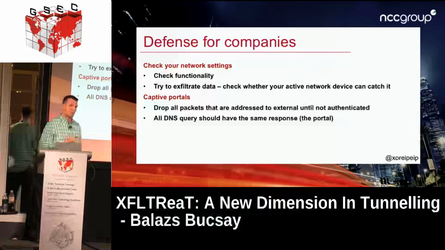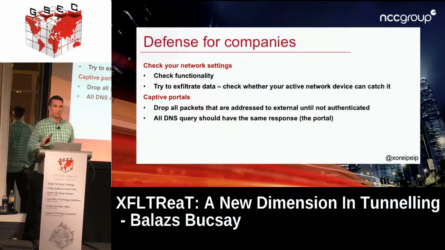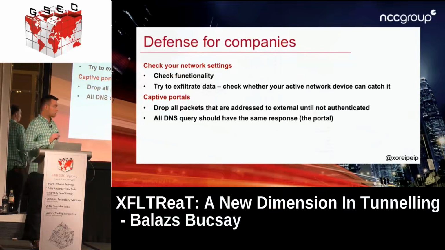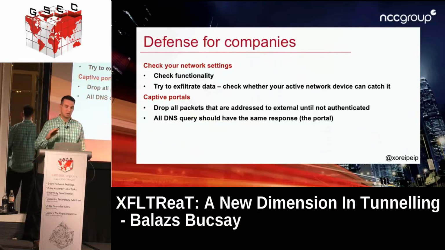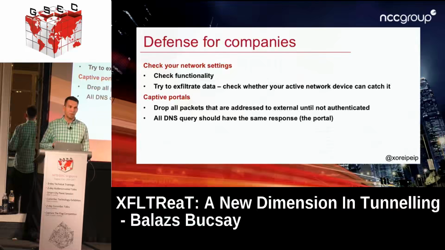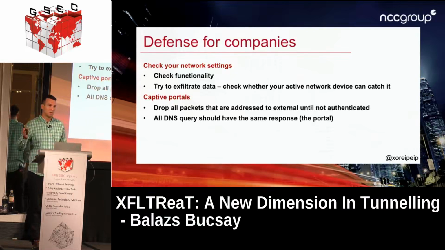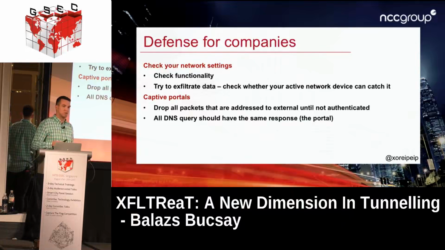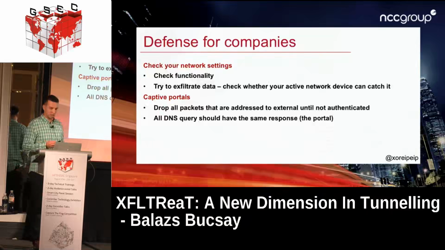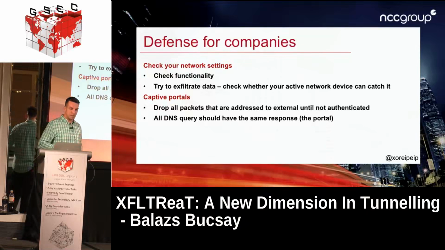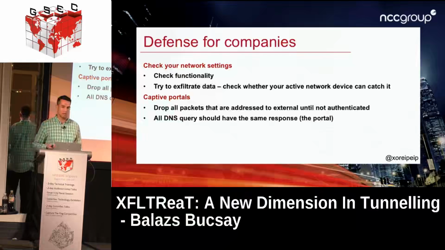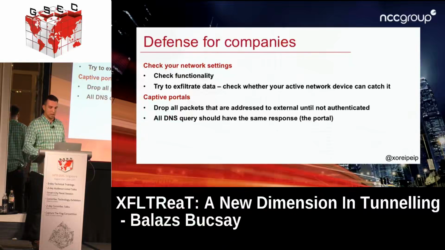You should drop all the packets except those that are addressing the captive portal, and you should rewrite all the DNS query responses to have the captive portal's IP, and that way the client will be redirected to the captive portal. After the authentication, you can drop these rules. You can give unfiltered internet access to the client, but otherwise you should do these, because that way the attacker, the client, can't do tunneling, not even DNS tunneling, because all the responses are rewritten.